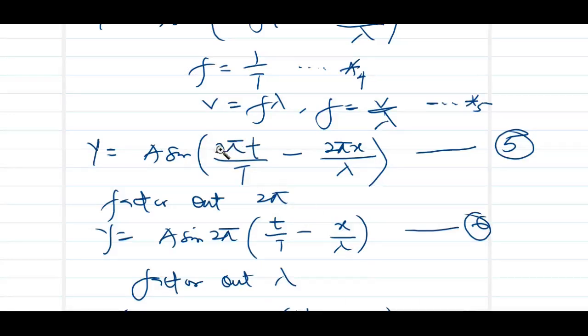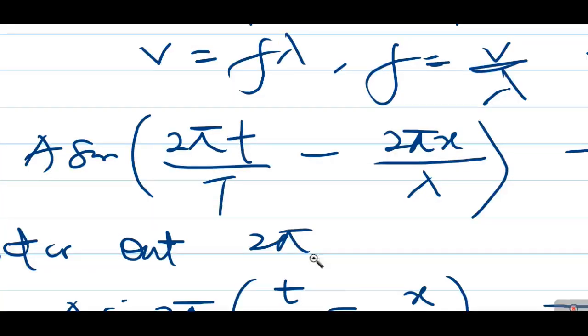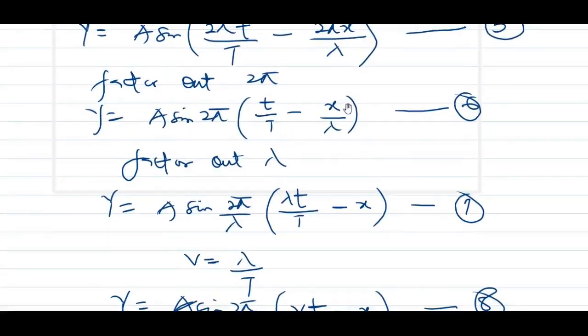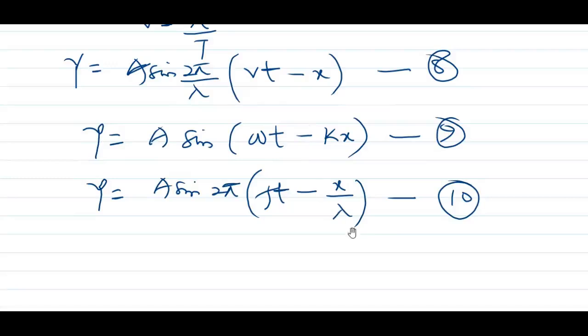Look at this also. You can have 2 pi t over T minus 2 pi x over lambda, or 2 pi x over lambda minus 2 pi t over T. And for equation 6, instead of t over T minus x over lambda, you can have x over lambda minus t over T. Alright? And for this, instead of lambda t over T minus x, you can have x minus lambda t over T. And for equation 8, this one is very common in most questions that they ask.